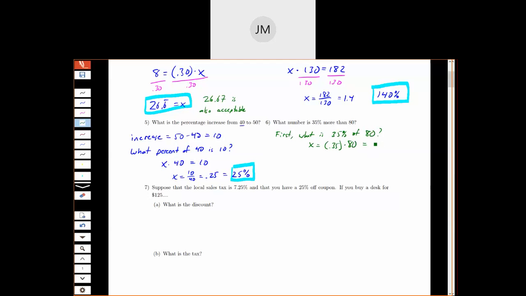Okay, and I get 28. All right, now I'm going to look at the actual question that I was asked, and that is, what number is 35% more than 80? So 35% of 80 is 28. So what number is 28 more than 80? Okay, so x equals 28 more than means add. And when I add these, I get 108.